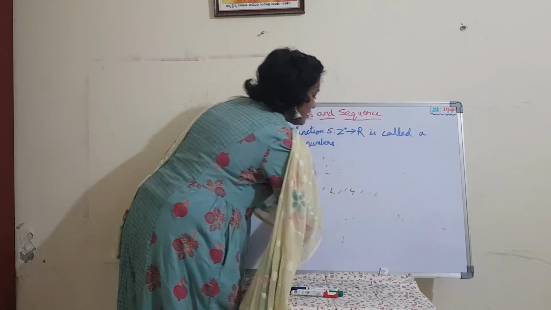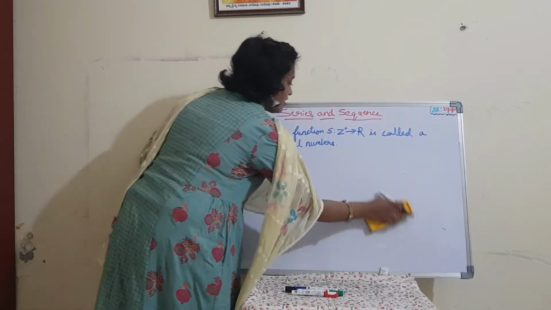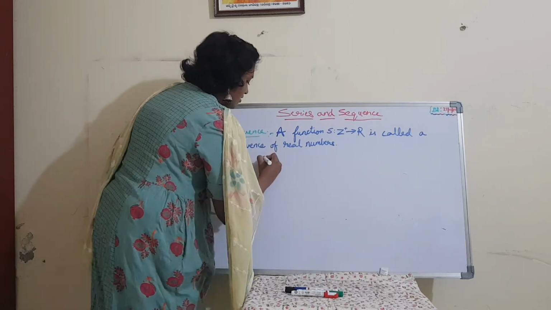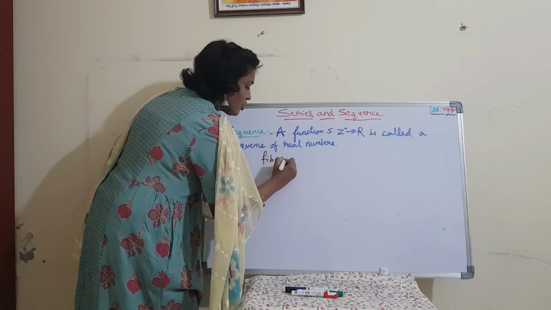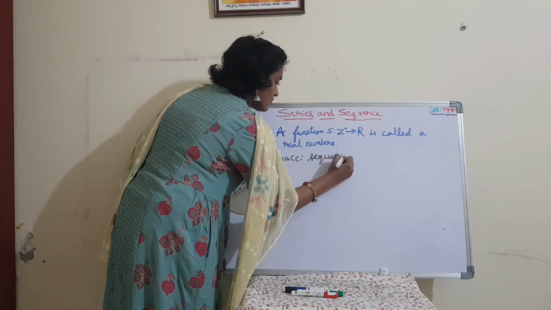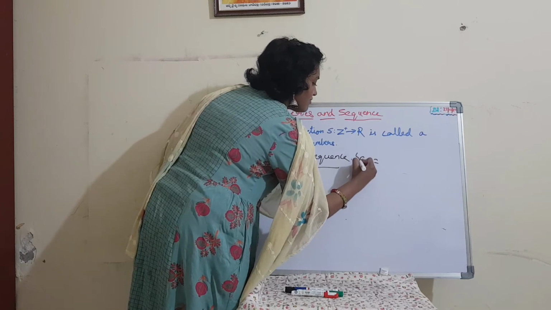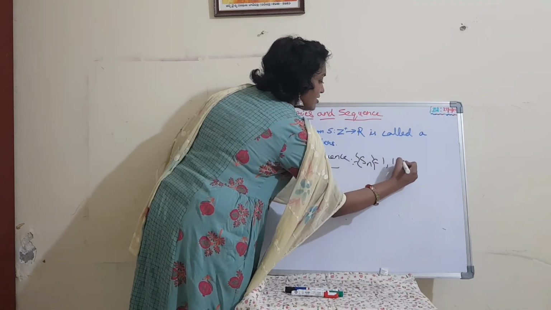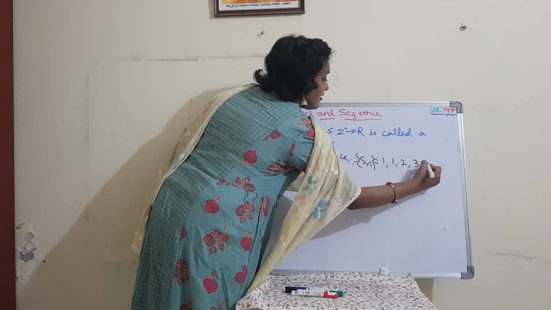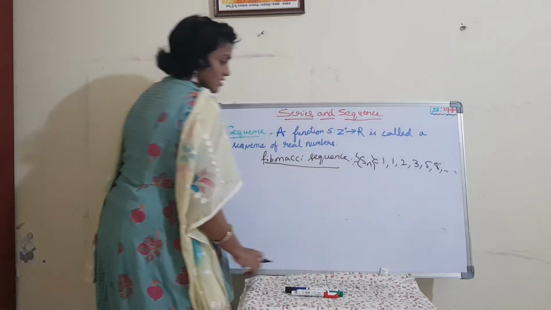I'll tell you with clarity. The Fibonacci sequence, how will it be? 1, 1, 2, 3, 5, 8. Like that you will get.